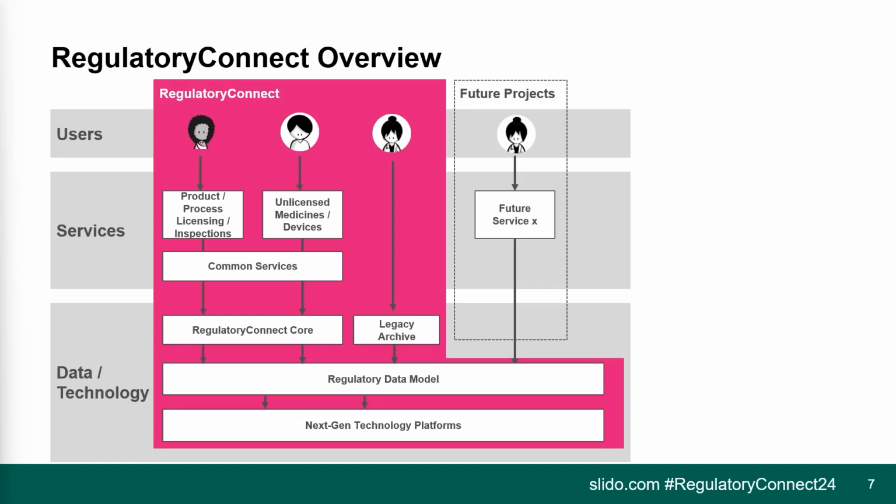All of this underpins our new services for product and process licensing. So, all of the types of authorizations that we're responsible for, and all of the inspections that are associated with that. We're also bringing in new services for import notifications, unlicensed medicines, and the registration of medical devices.